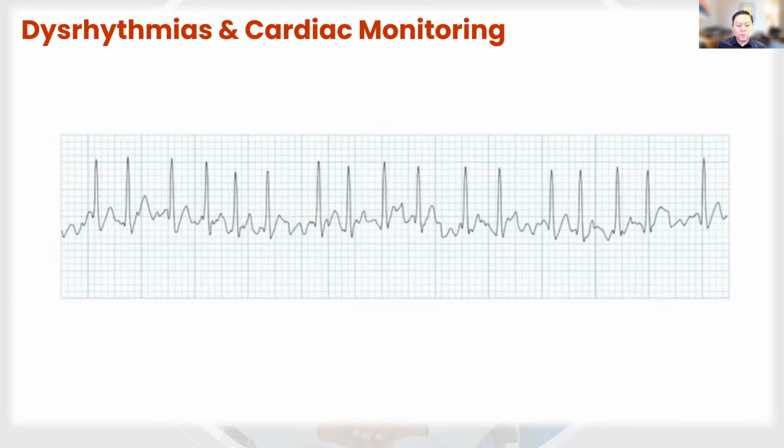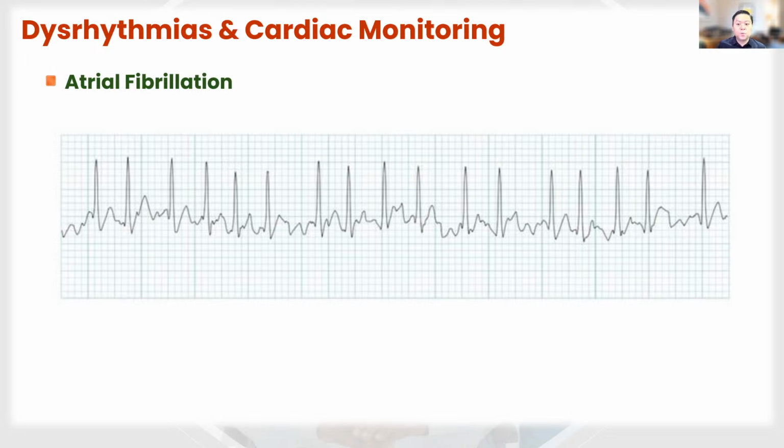Now, moving forward to the next problem here is atrial fibrillation, a very common type of arrhythmia that is characterized by irregular electrical activity in the atria, which are the upper chambers of the heart.